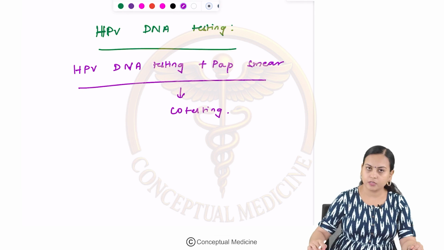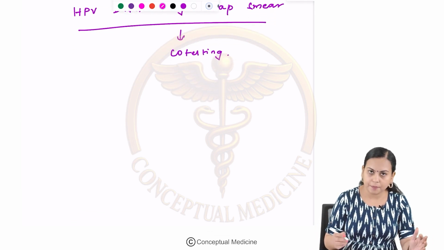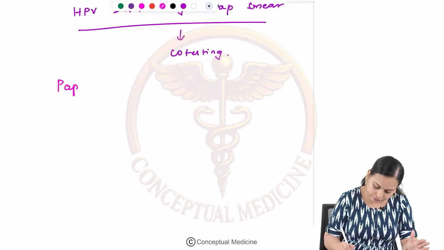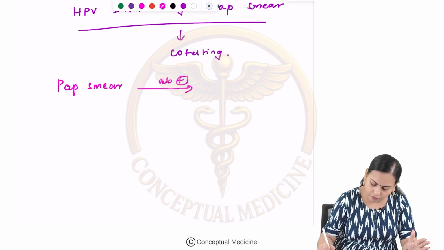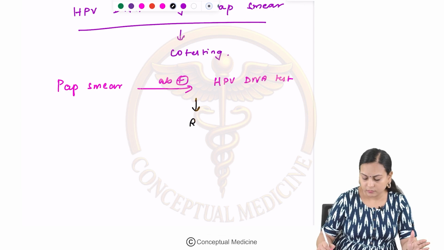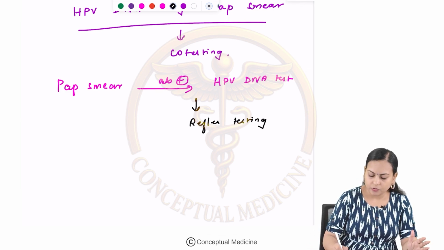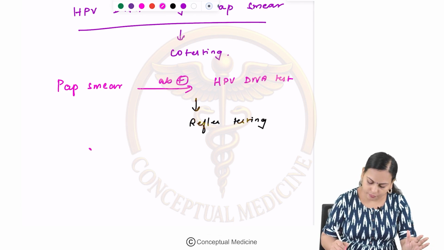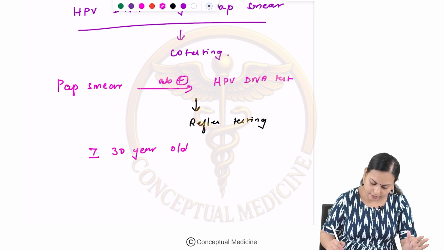Suppose you do a pap smear first, then if any abnormality is present, you offer her an HPV DNA test. This is called reflex testing.